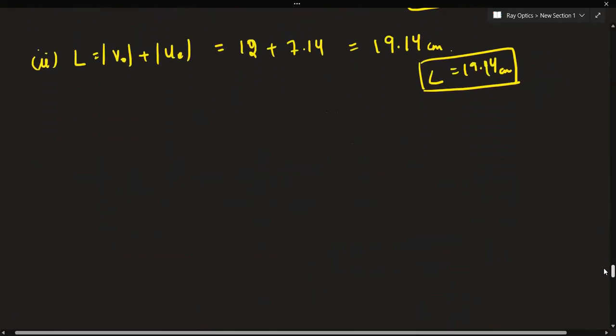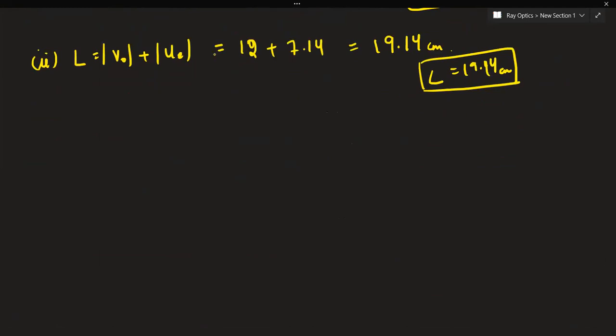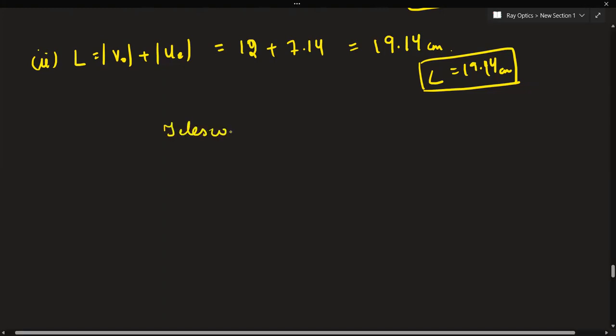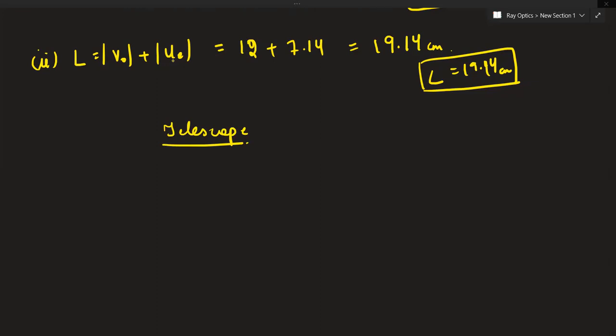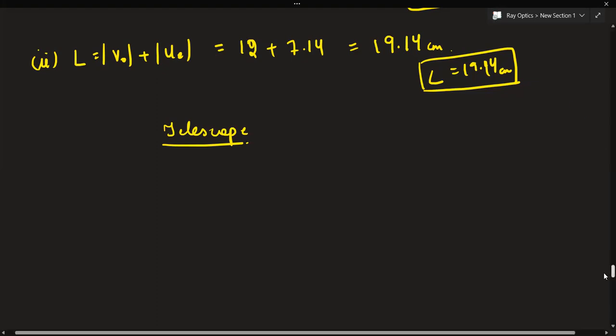Now see the revision of the formulas of the telescope. Let's do the revision of the formulas of the telescope. Now see, in case of telescope, you have an astronomical telescope.